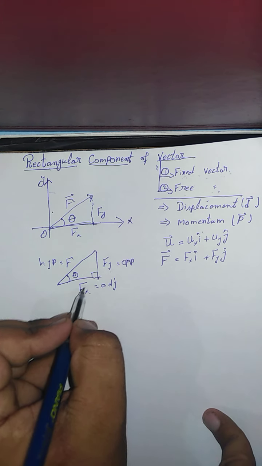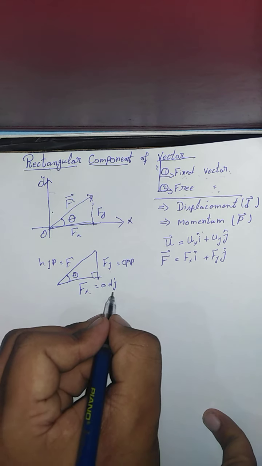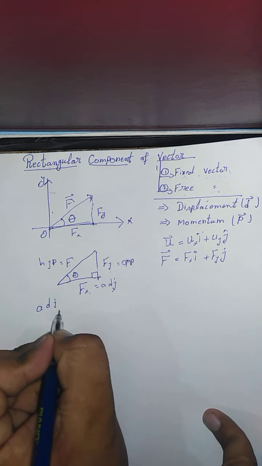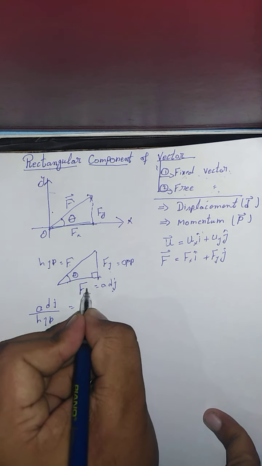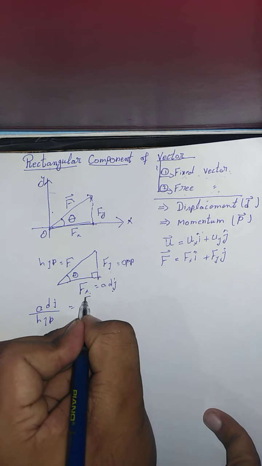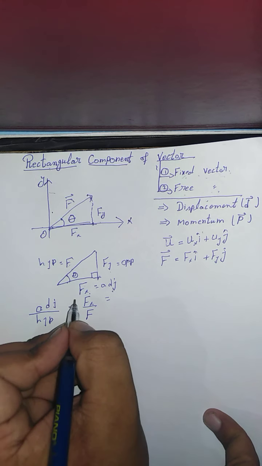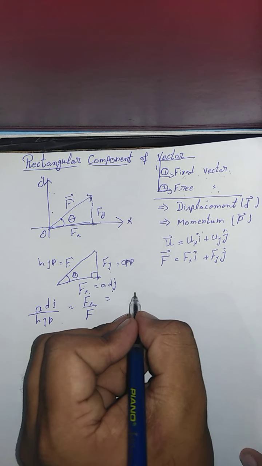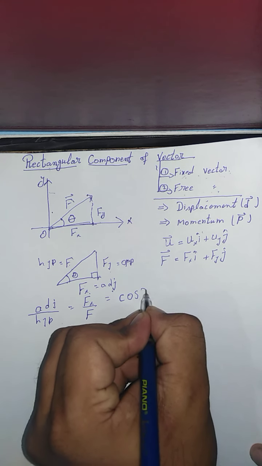So let's see. Fx and F has a ratio, meaning adjacent and hypotenuse. Adjacent divided by hypotenuse is equal to Fx over F. And from basic trigonometry, we know that adjacent over hypotenuse equals cos theta.